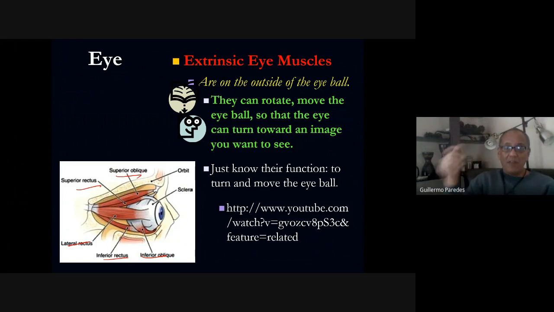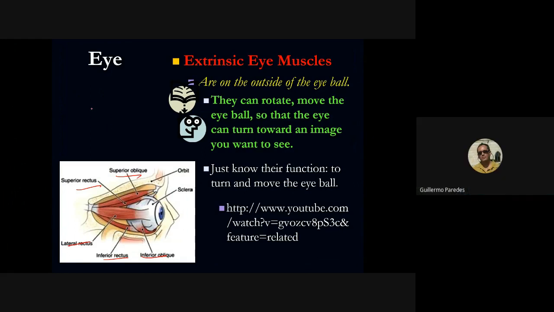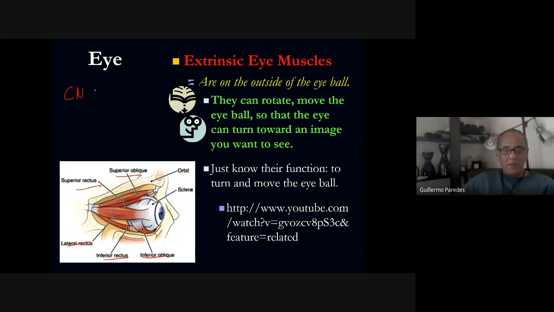What I want you to remember about these extrinsic muscles is that there are three cranial nerves. Eye, three letters, three cranial nerves. They are cranial nerve number 3, 4, and 6: the oculomotor nerve, the trochlear, and the abducens.